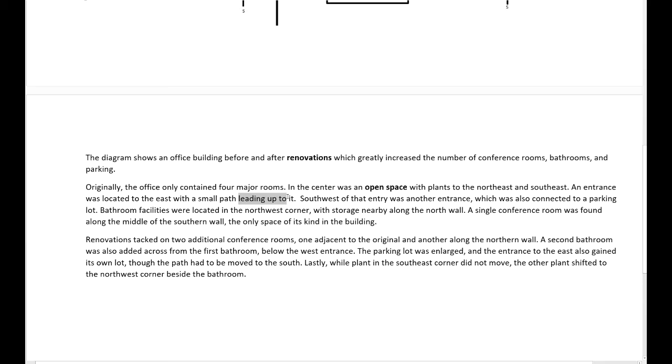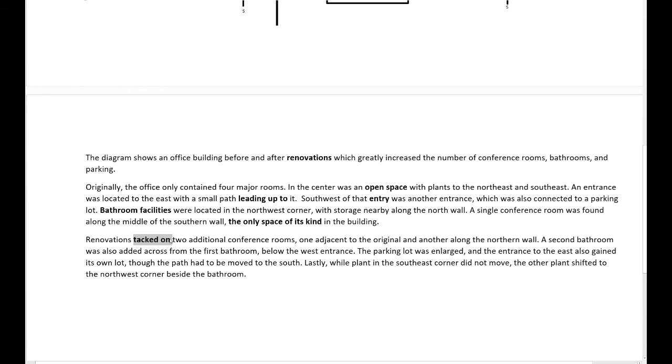Leading up to something, so we kind of have a phrasal verb, a whole phrase here. Entry instead of entrance, okay. Bathroom facilities, I like that. The only something of its kind, I think that's a good phrase here.